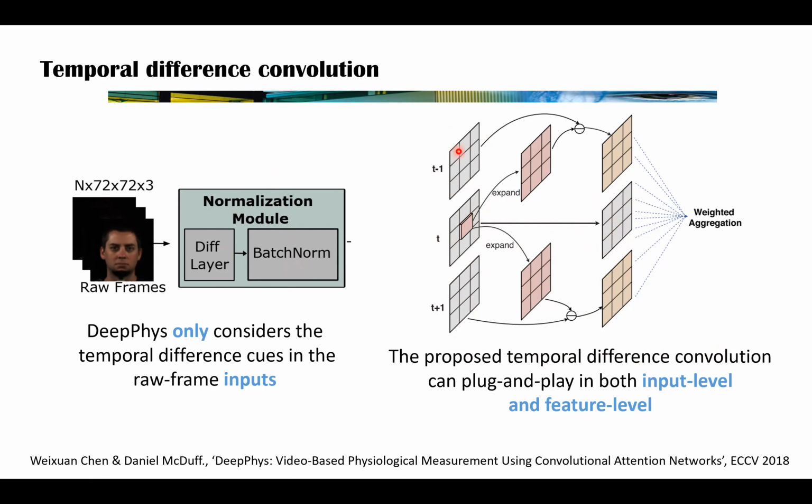But for the adjacent frames, for example the t-1 and t+1 frames, we extend the current location intensity to the other two frames, and they do the difference. So the difference information is calculated across these frames. After that, we learn this convolution and aggregate all three frames' information. So the output will contain both the current spatial information and the adjacent difference information.